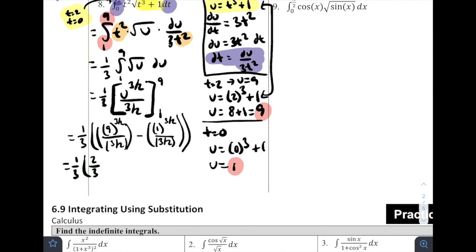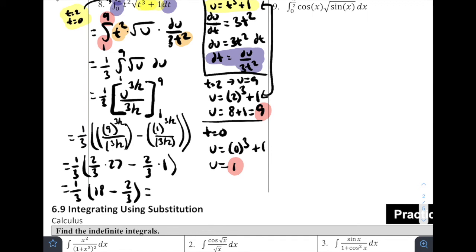So 2/3 times the square root of 9 is 3, 3 to the 3rd is 27, minus 2/3 times 1. So this is going to be 1/3 times 27 divided by 3 is 9, times 2 is 18, minus 2/3.